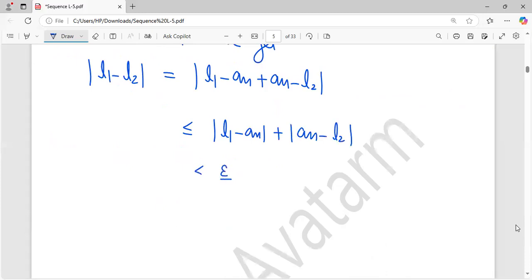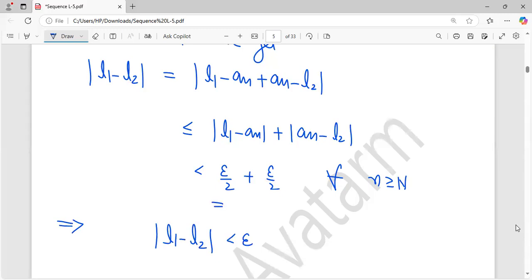This is less than epsilon by 2, and this is also less than epsilon by 2 for all n greater than capital N. So what does it mean? It means |L1 minus L2| is less than epsilon.